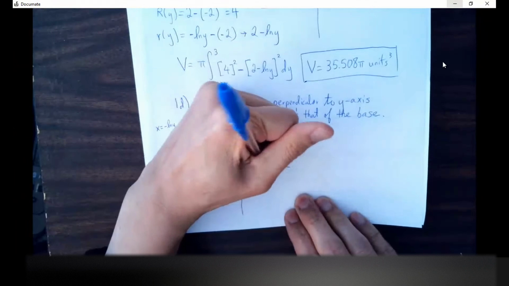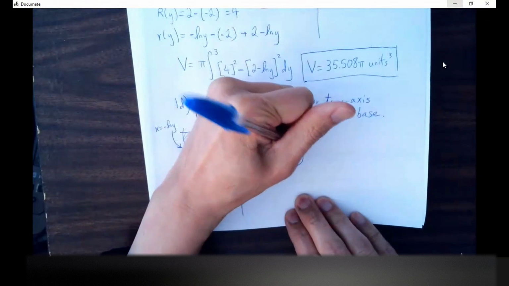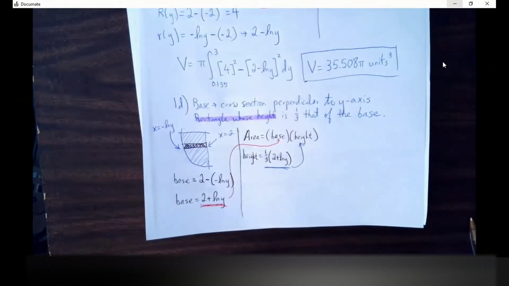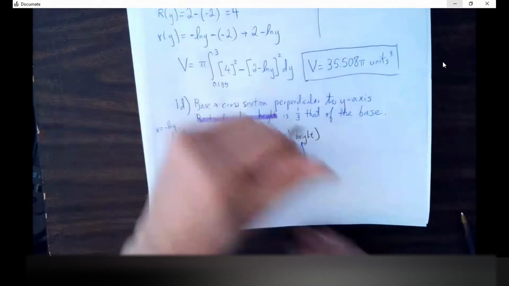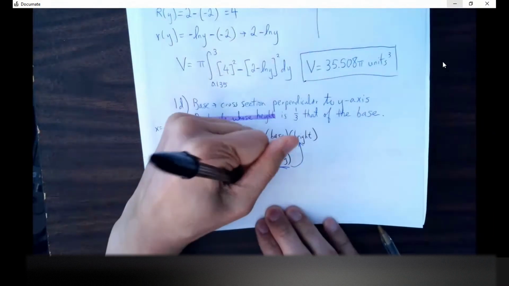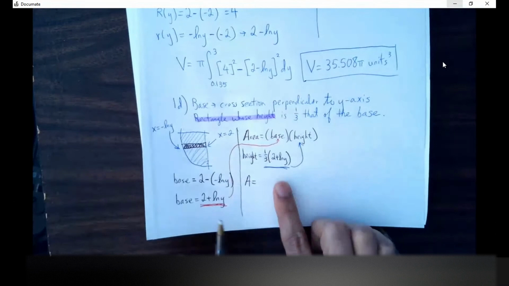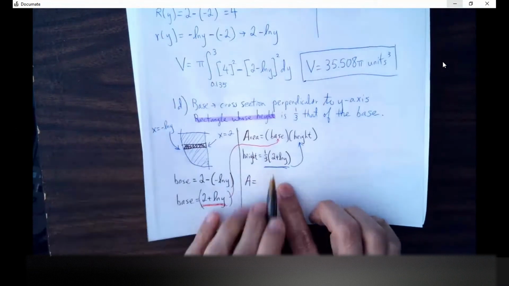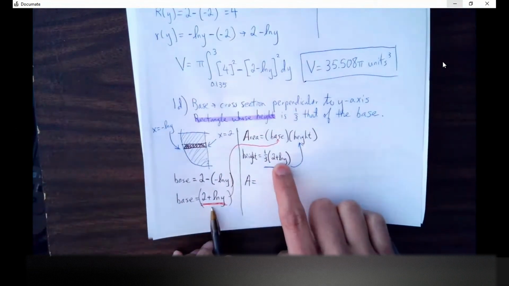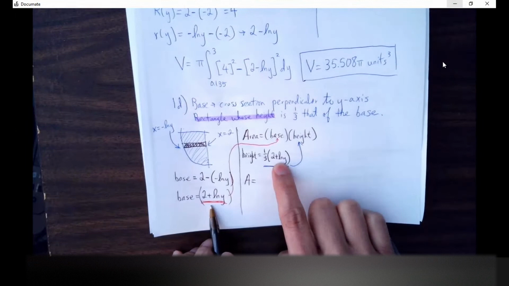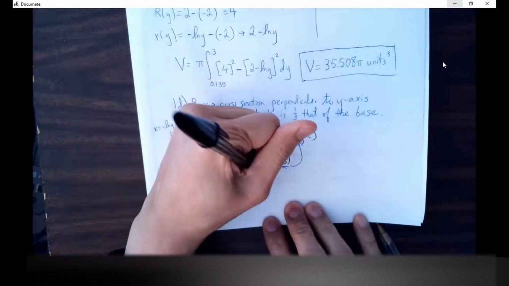And the height will insert here. So really it's just 1/3 times these two, right? I can just combine them together. 1/3 parentheses, parentheses, which is 1/3 parentheses squared.